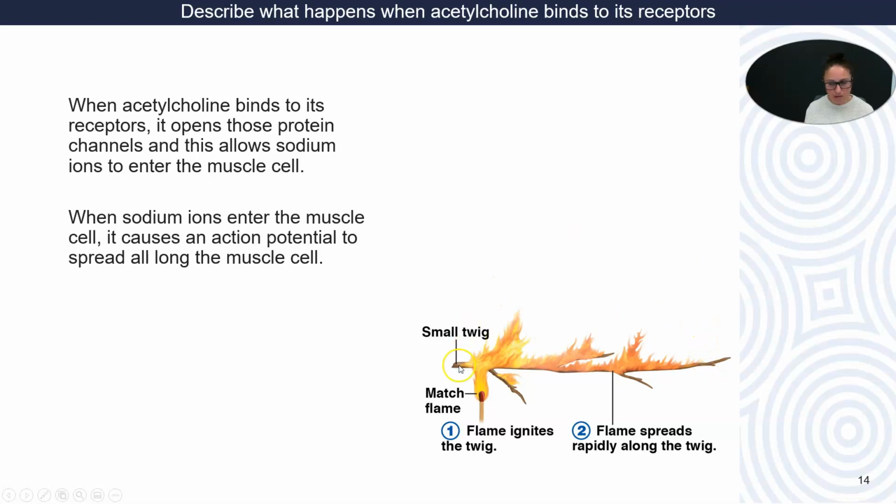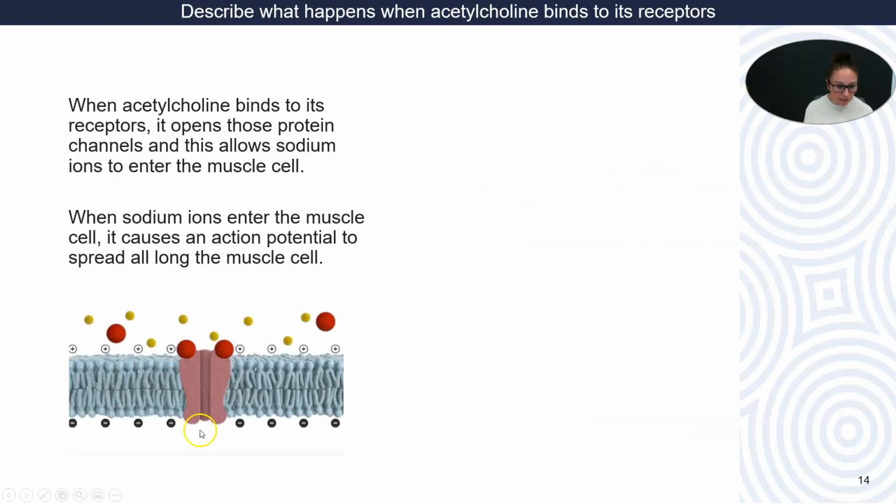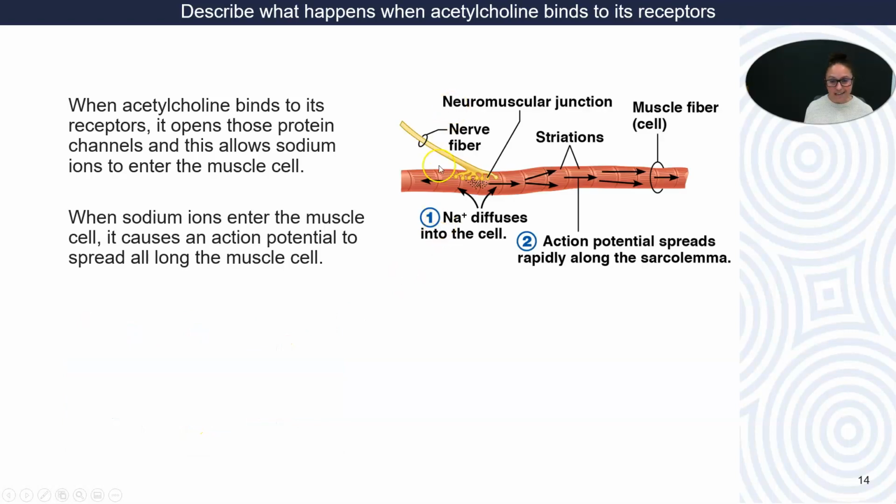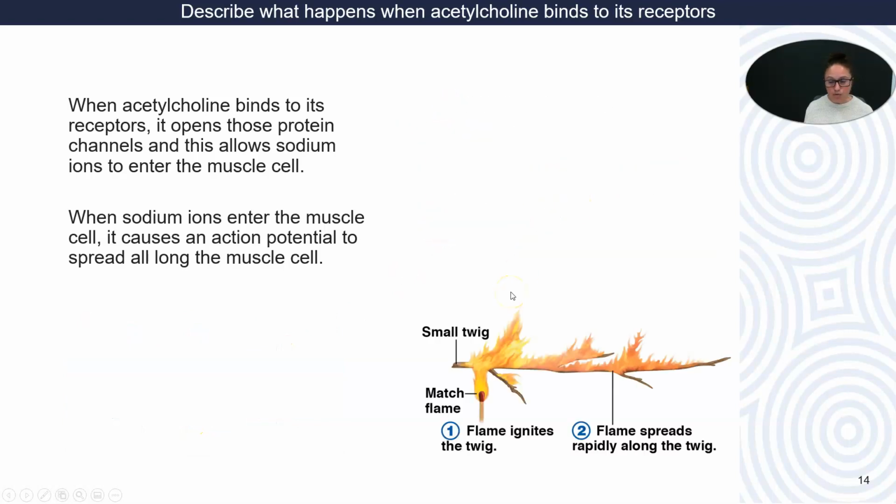Okay? So don't forget that neurons and muscle cells are the only cells in the body that can do an action potential. So when sodium enters the muscle cell, an action potential will kick off and go all the way along the muscle cell.